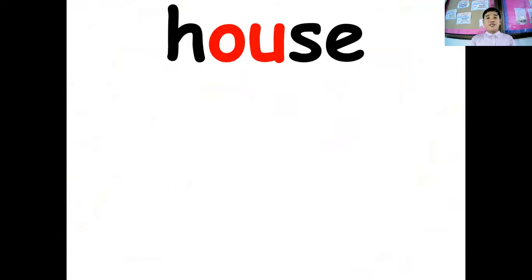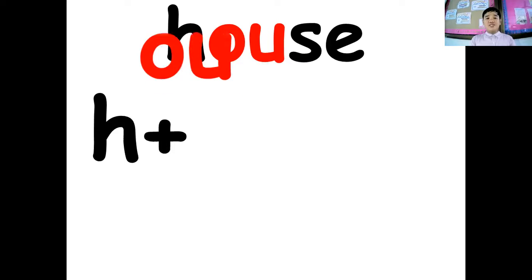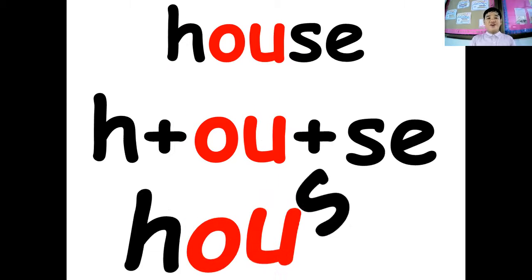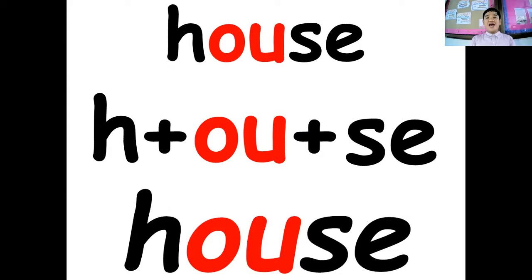H is the sound of ha, plus ow sound, plus s. So if we read H plus ow sound plus SE, that is house. Very good. Everybody say house. That's right.